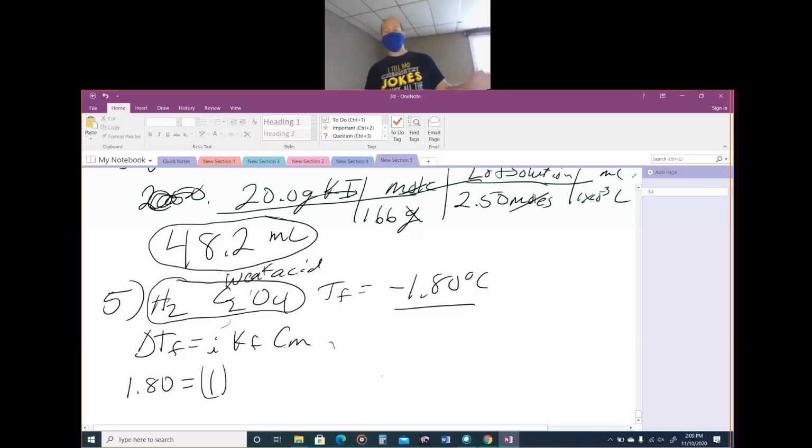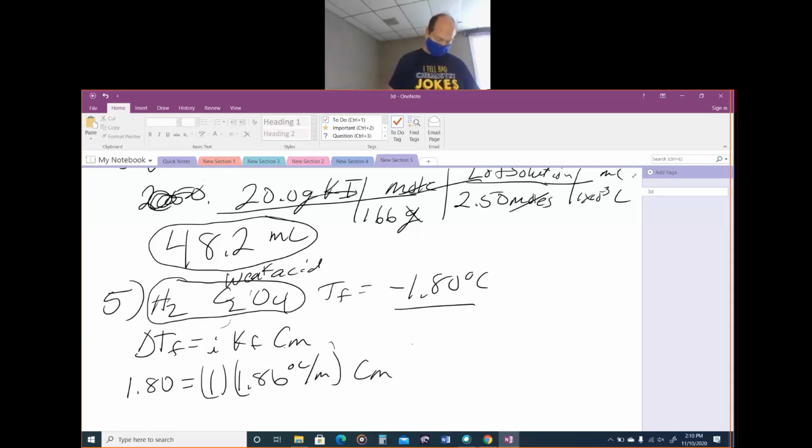The only acids that break up are the 6 strong acids. You look up your Kf, 1.86. And then you have your C sub m, which is the question. So divide both sides by 1.86. And you get your molality, 0.968.